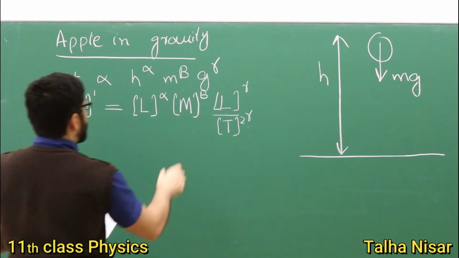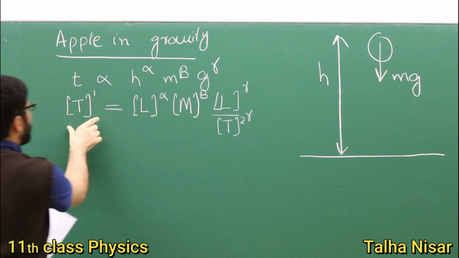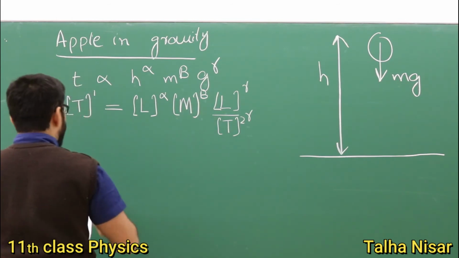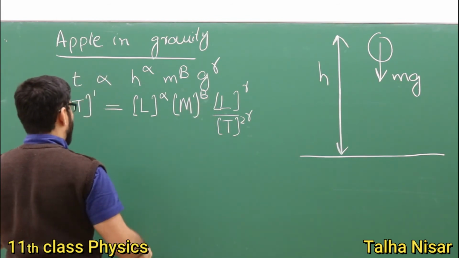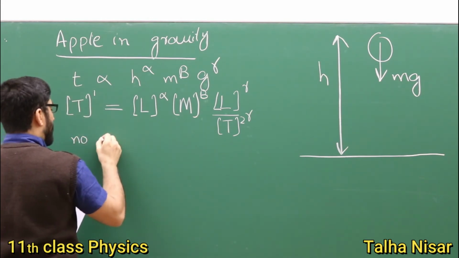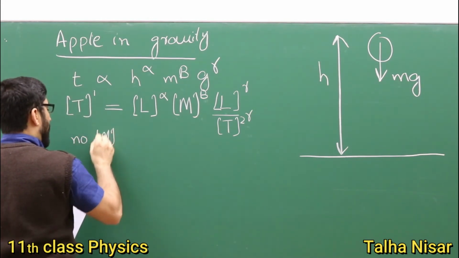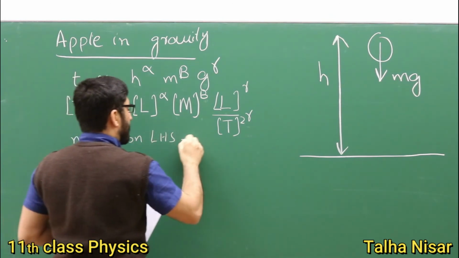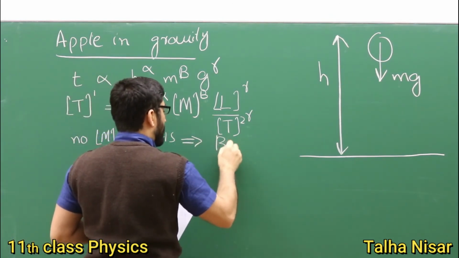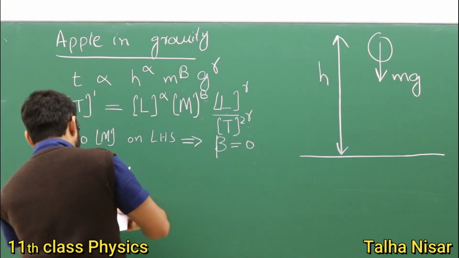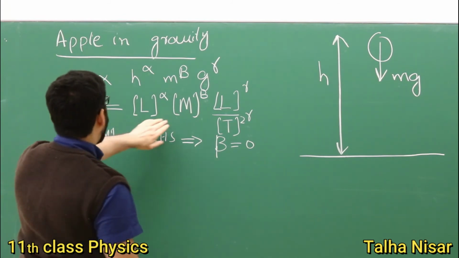Since there is no m on the right hand side, the m must be 0. Sorry, the beta must be 0, since there is no m on the left hand side, which implies that the beta is 0.